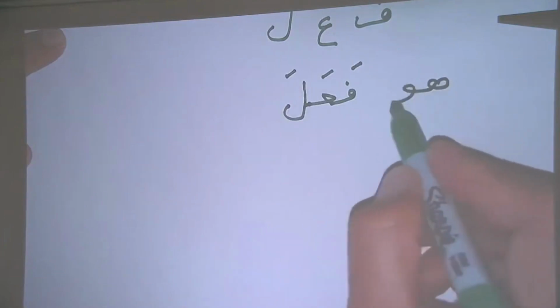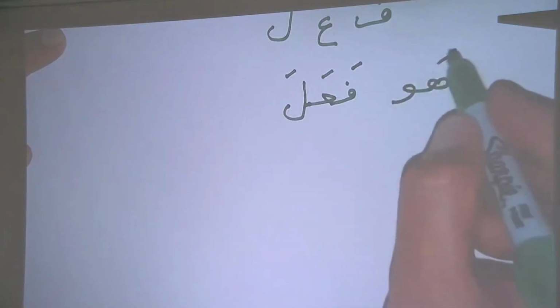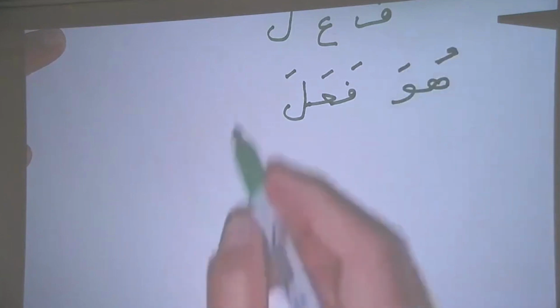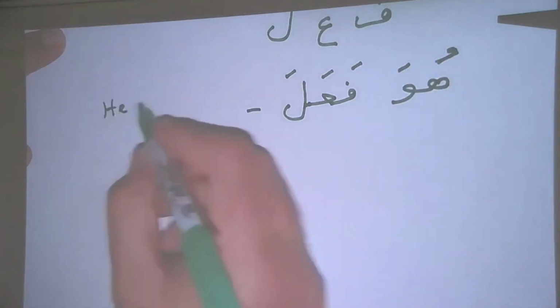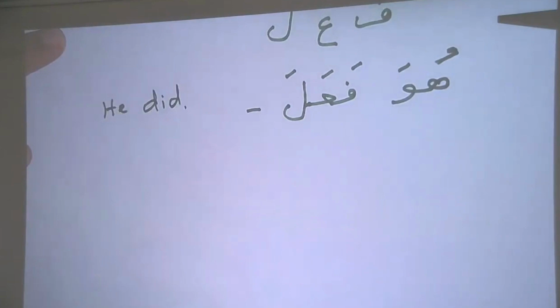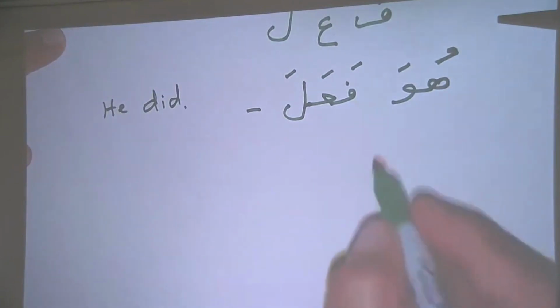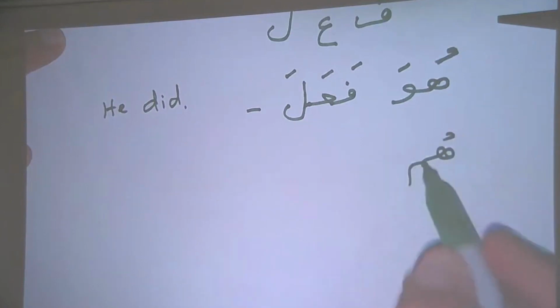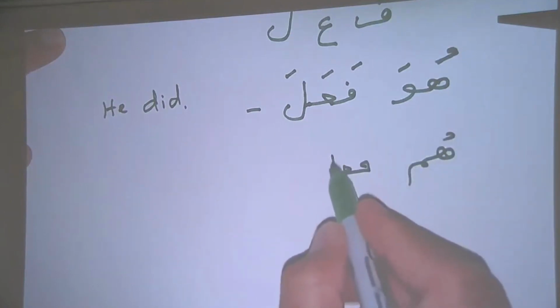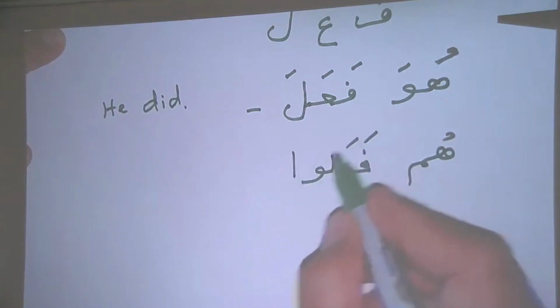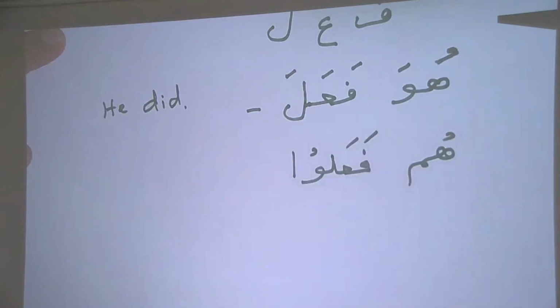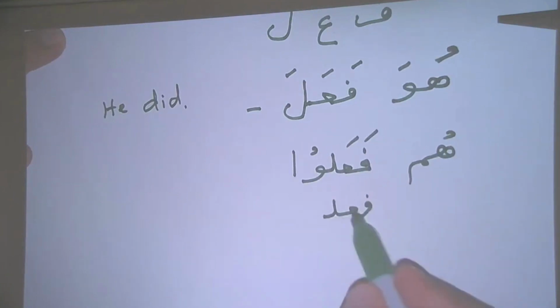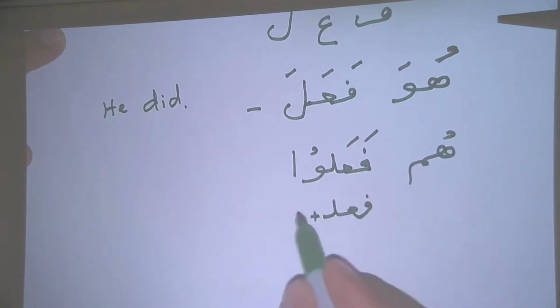Fa'ala, you can also think about, you can put huwa in the front. Huwa fa'ala, meaning he did. Okay? Then you want to say next hum fa'ala, then you are going to write fa'alu.